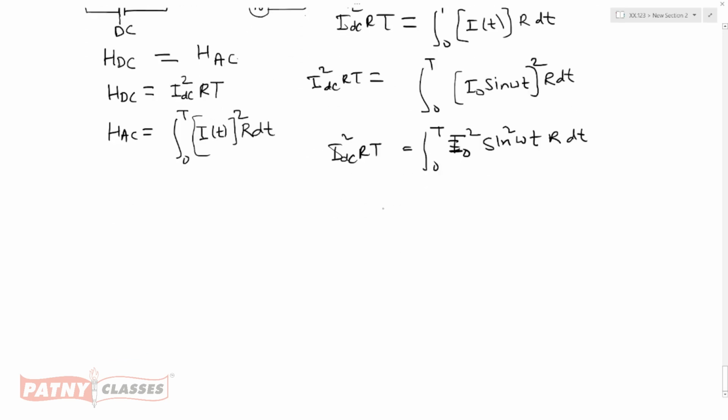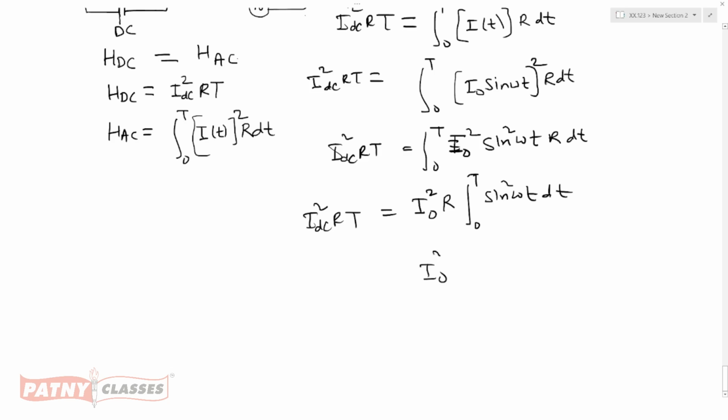Now we can take I naught square and R common, with the integration from 0 to T of sin square omega t with respect to t. The left side is I dc square RT.